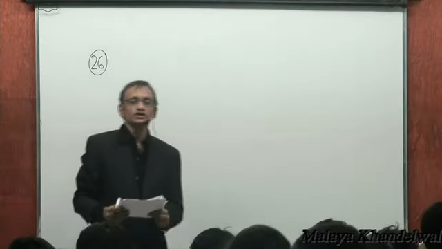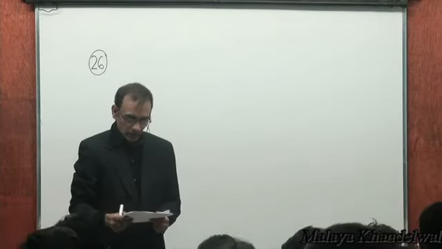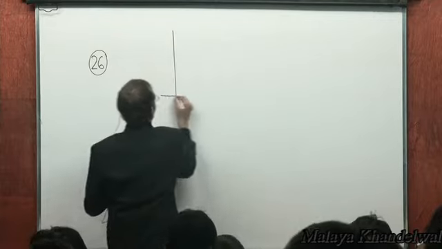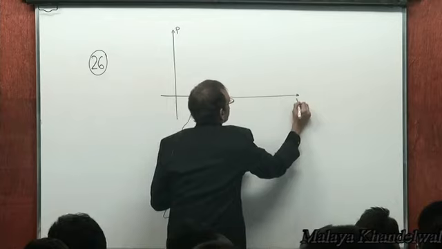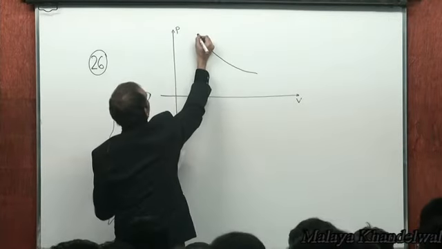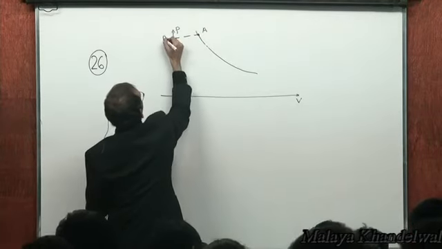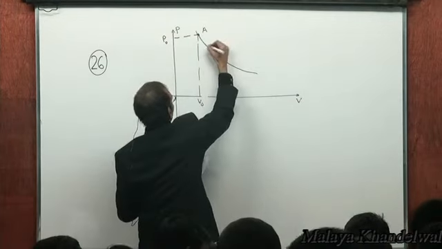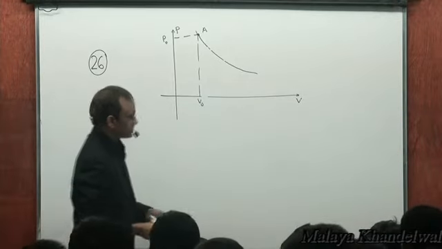A gas is undergoing an adiabatic process. At a certain stage, say the pressure volume diagram for an adiabatic process is like this. At a certain point where its pressure is P naught and its volume is V naught, okay, it's a VT graph that's given.